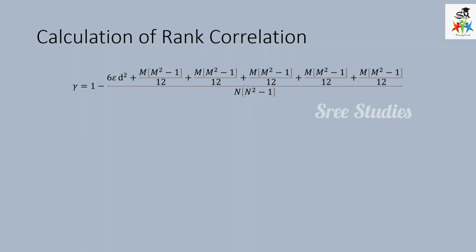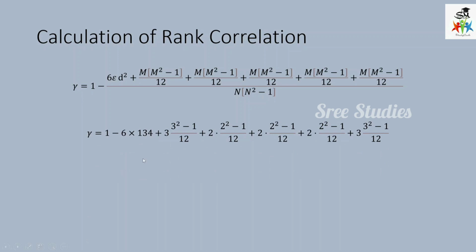So m is the number of times the value is repeated. 2 times means we mention it as 2. 3 means 3 times which is repeating, then we put it as 3. So that you will get exactly what the answer is.